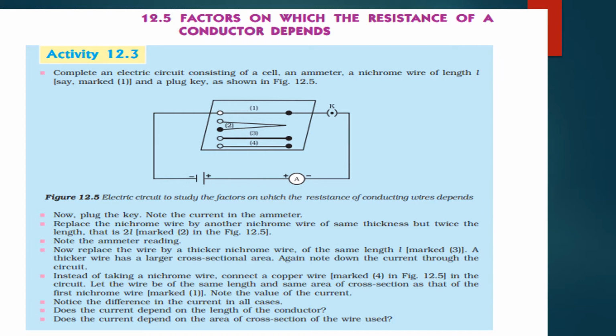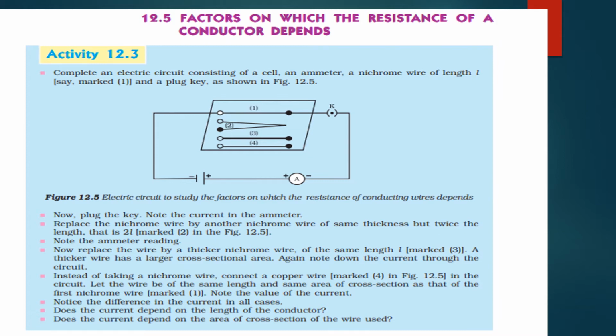Now replace this wire and place another nichrome wire whose length is L but thickness is twice the first one. So the cross-sectional area will be, suppose, 2A. Thickness we say is the area of cross-section, and we symbolize it by capital A. Now again you read the ammeter.